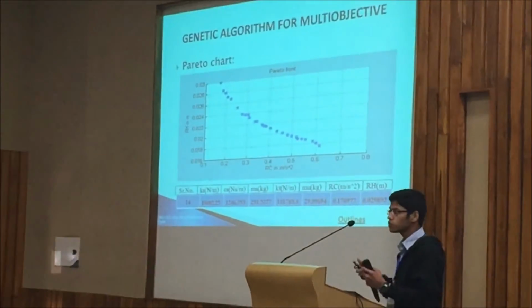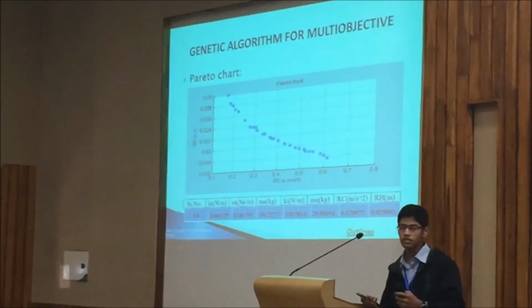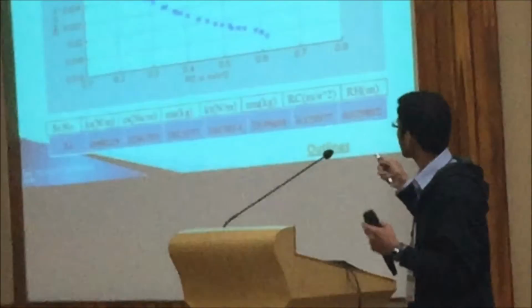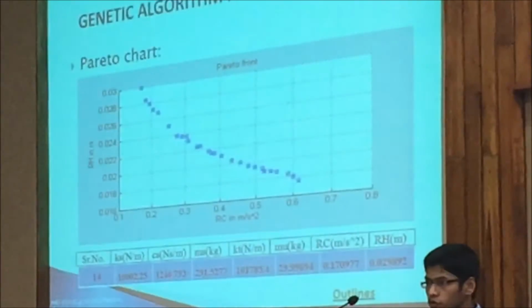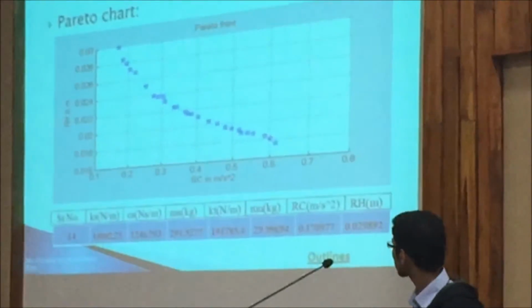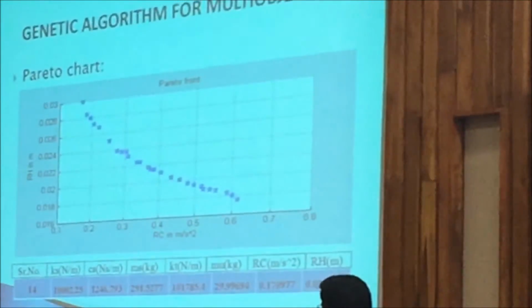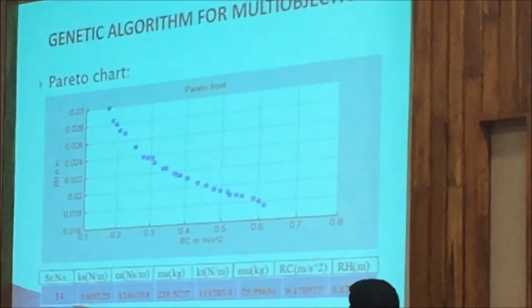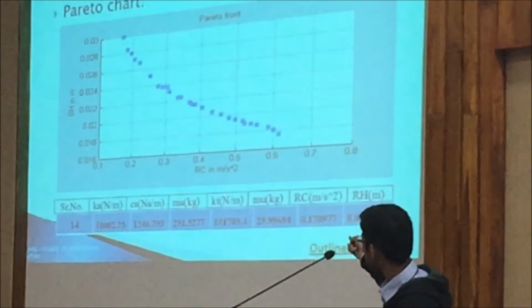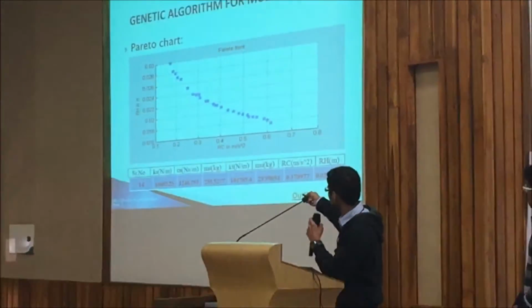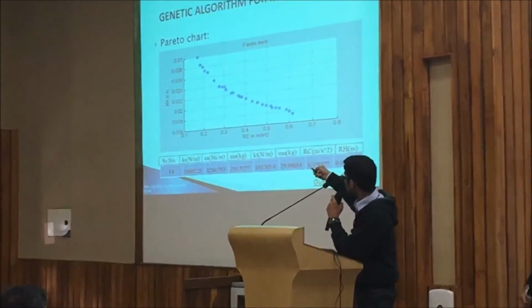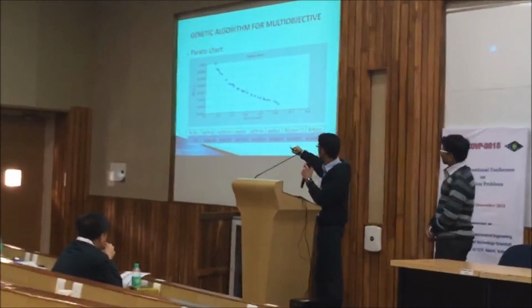Next, as we have two objective functions, one is RC and one is RH, we are using multi-objective optimization. We are using the Matlab toolbox named genetic algorithm here. It shows the output as a Pareto chart, where on the x-axis you have one objective function. Here it is RC, and on the y-axis it's RH.